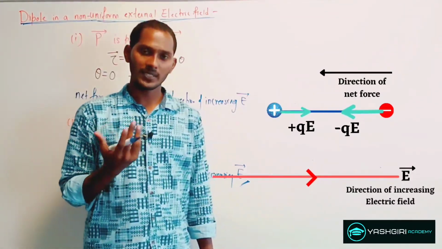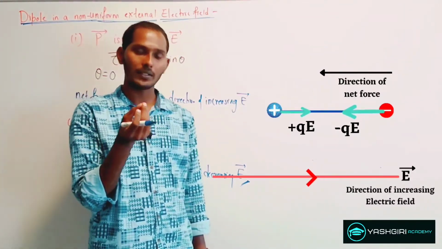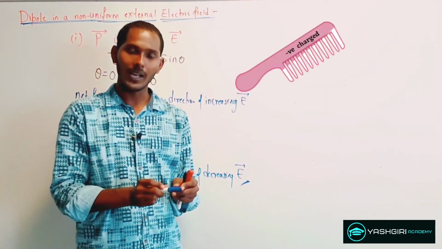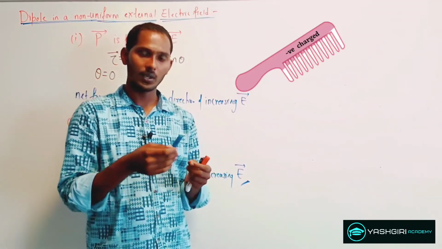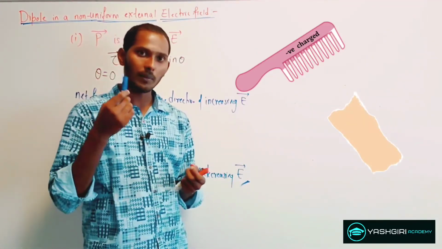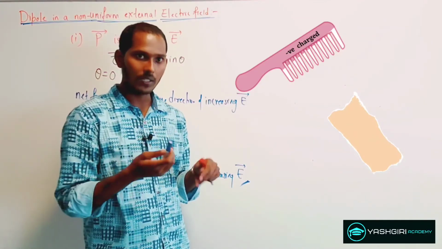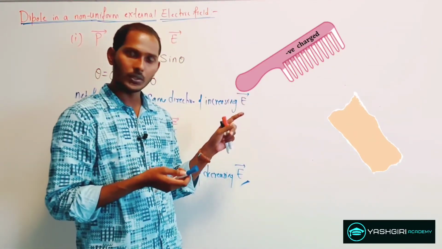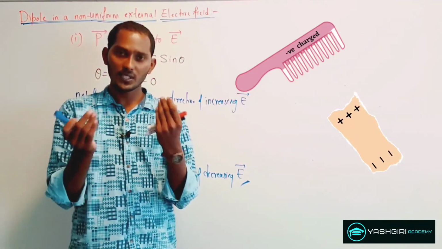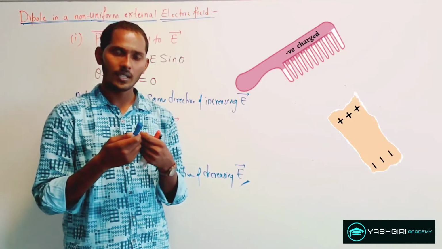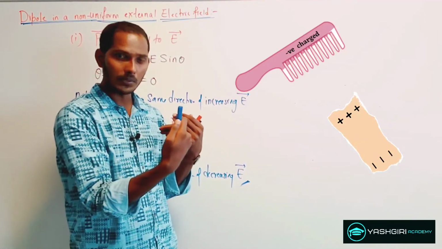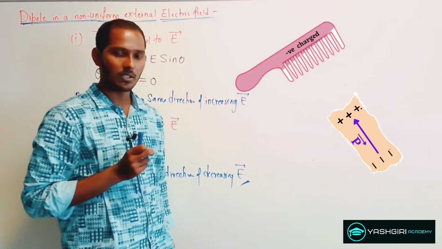So here, to end this session, let me go back to the same problem of when you rub a comb with your hair and bring it closer to a piece of paper. When you rub a comb, it acquires a negative charge, and when you take it closer to a piece of paper, it is going to polarize the piece of paper. Polarization in the sense that it is going to induce a dipole moment in that small piece of paper.